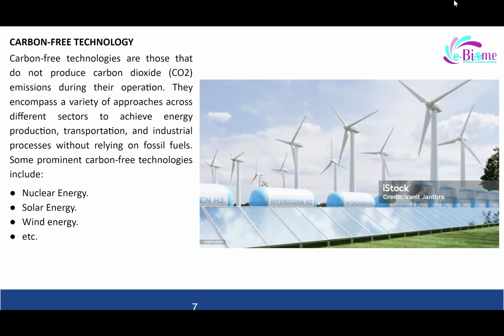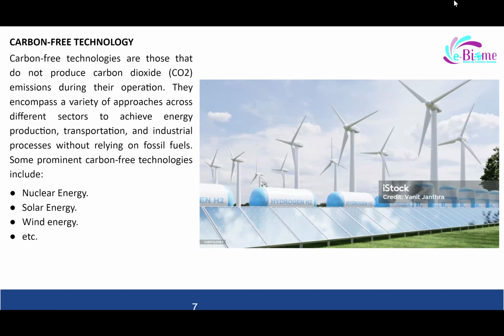And these are very essential in energy production. This is where they've gotten a lot of foothold: energy production, transportation sector, industrial processes sector, right? Some of these are nuclear energy, solar energy, wind energy. I will do presentations on these particular things in a different presentation, key industries for low carbon development, right?